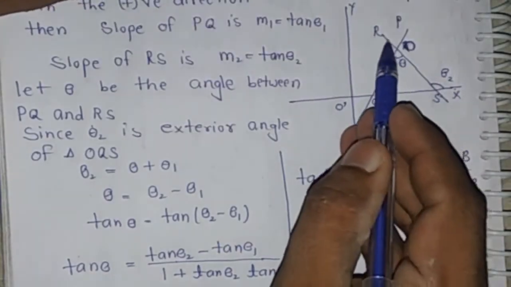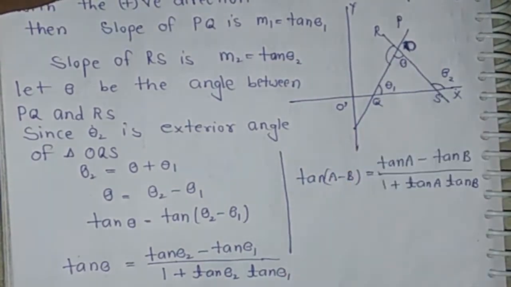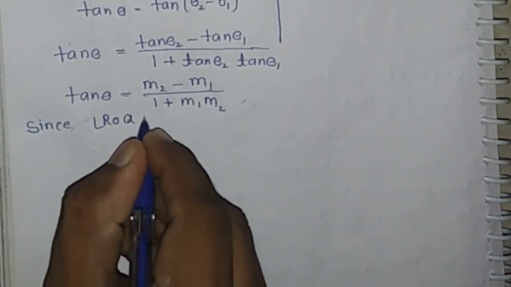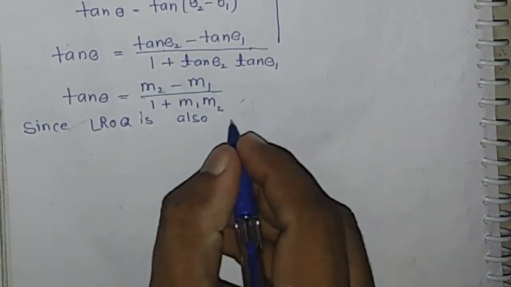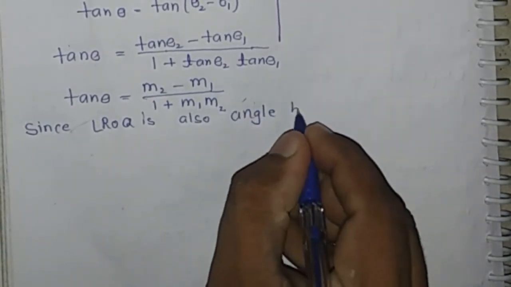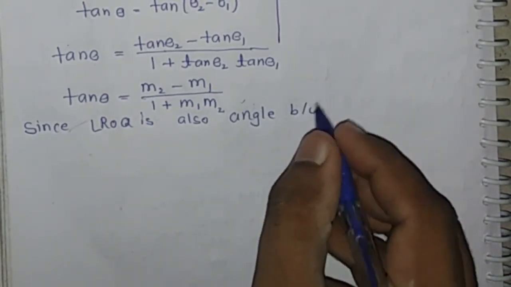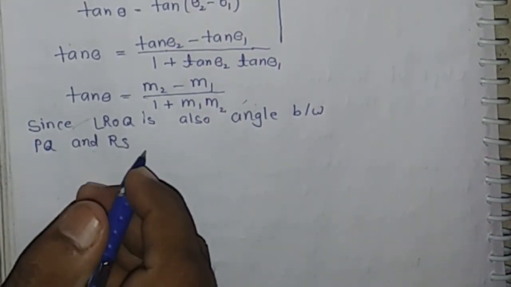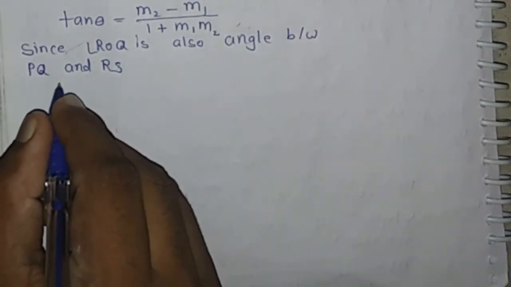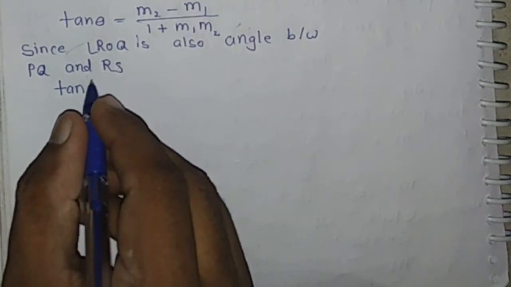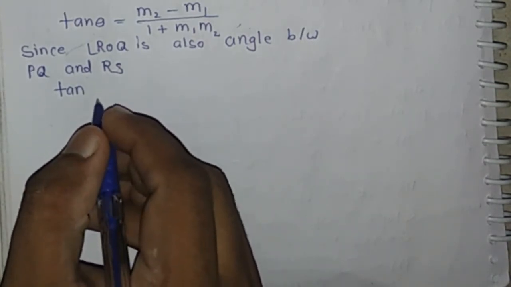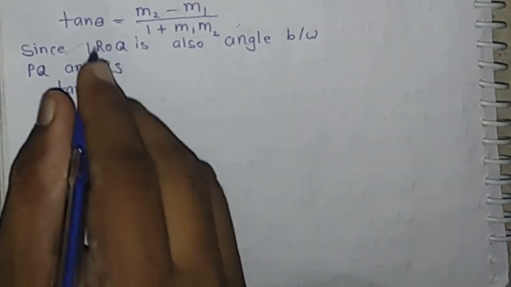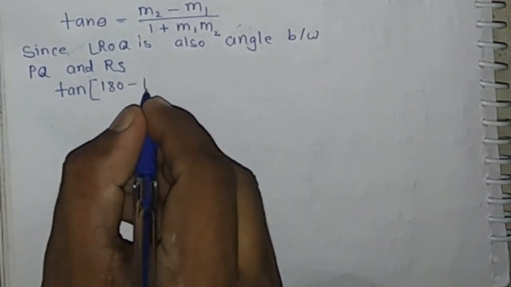Since angle ROQ is also the angle between these lines PQ and RS, then angle ROQ, theta can be written as 180 minus ROQ.